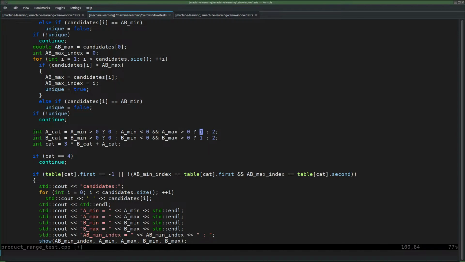So there would be either 1 or 2, otherwise it's going to be 3. And then this one depends on the absolute value. Now we're going to have problems with that, of course, if those are equal.